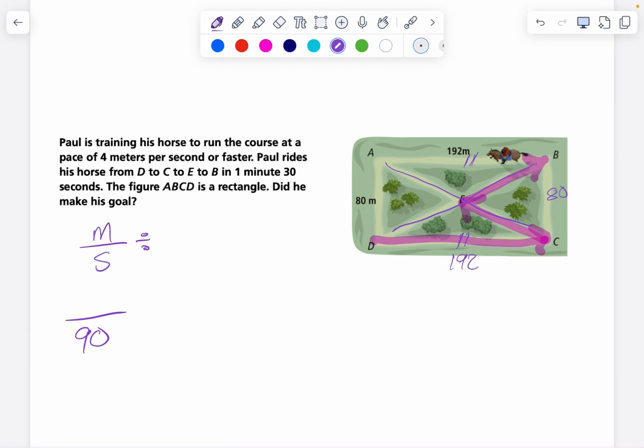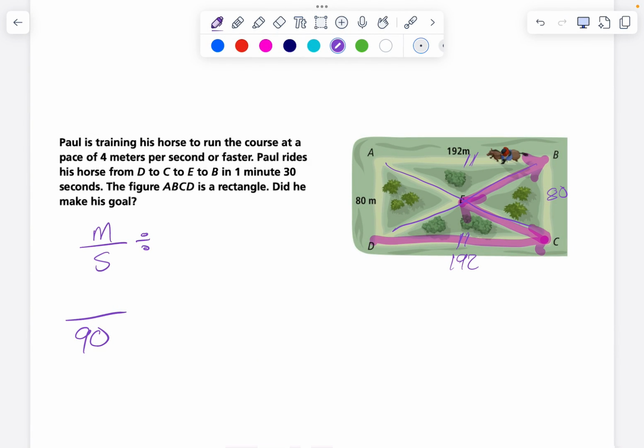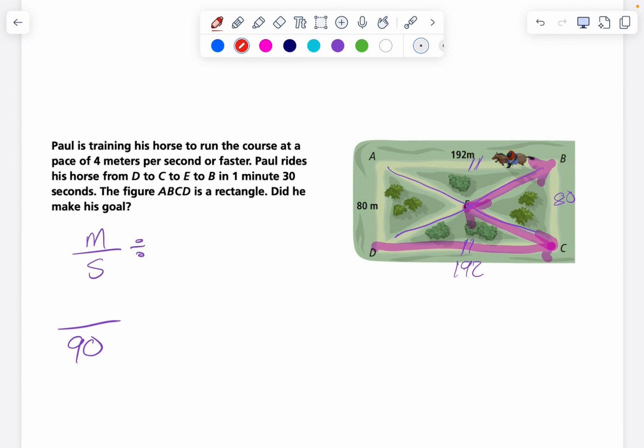We'll pause there. How far did he go on that little pink pathway? All right, here's the plan.